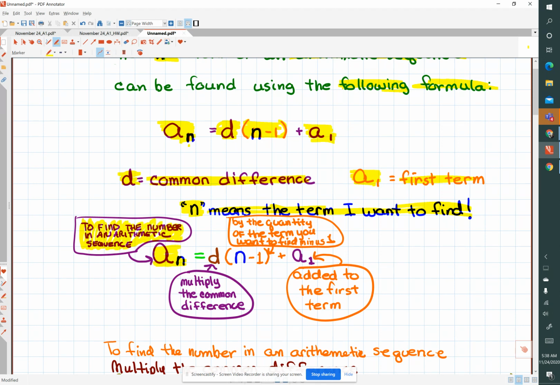That's our a sub n. Equals d, multiply the common difference by the quantity of the term you want to find minus 1, that's our n minus 1, and then add it to the first term in the sequence.